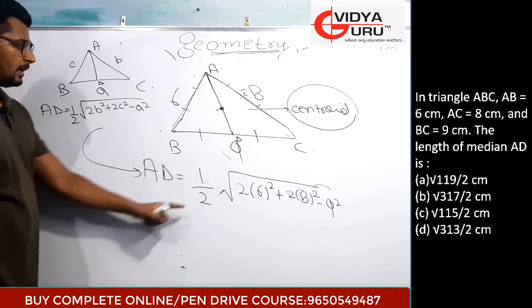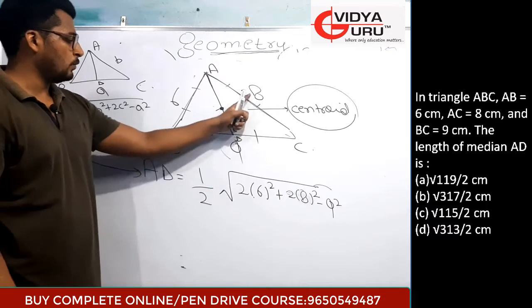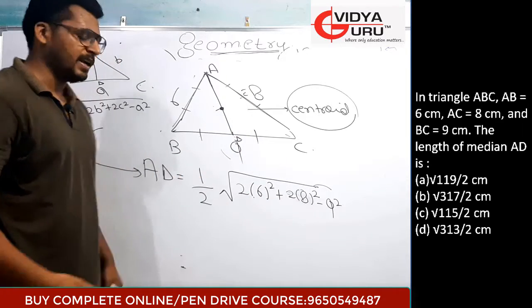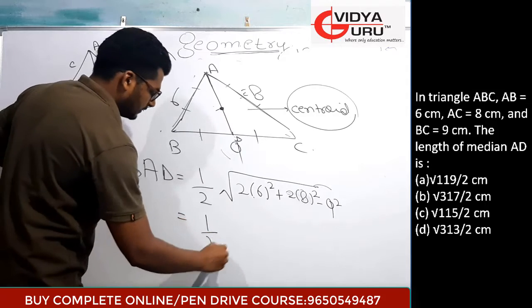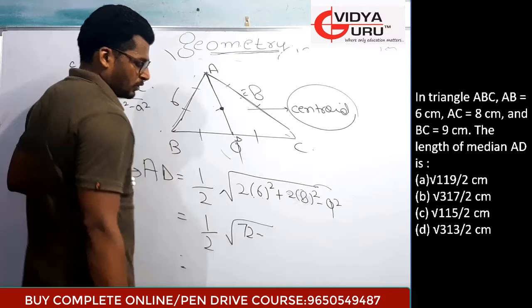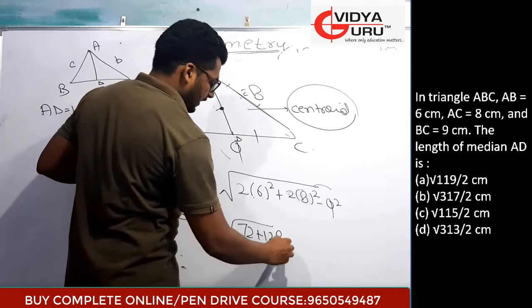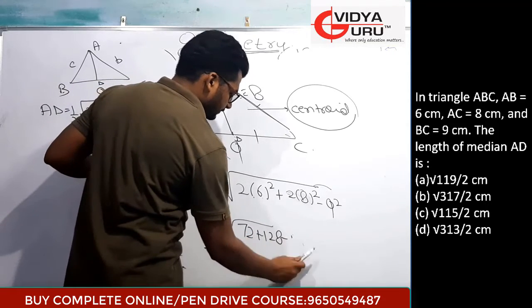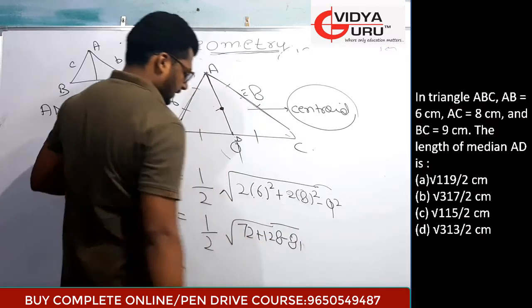I have applied this here: half root of 2 times 6 squared, plus 2 times 8 squared, minus 9 squared. We just need to solve it. 6 squared is 36, 2 times is 72. 8 squared is 64, 2 times is 128, minus 81.